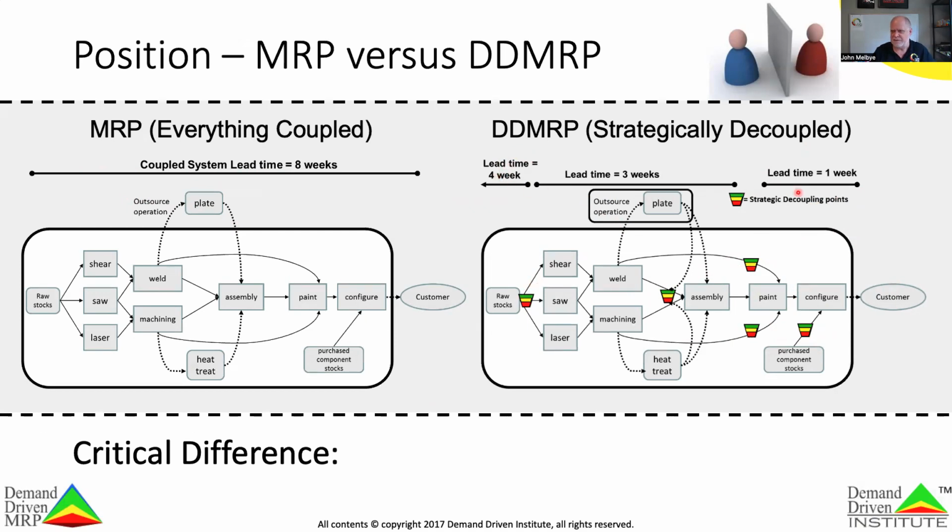And it seems obvious again to me that managing a 1-week lead time, it's easier to get precision to line up in that 1 week than it is to get precision to line up over an 8-week period.